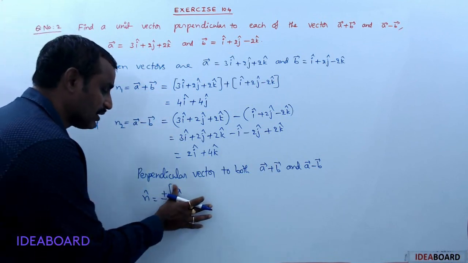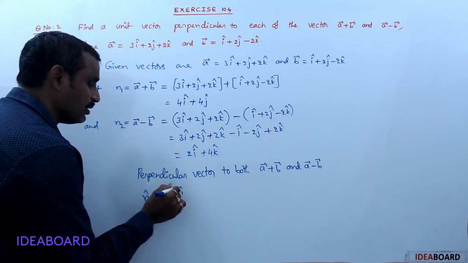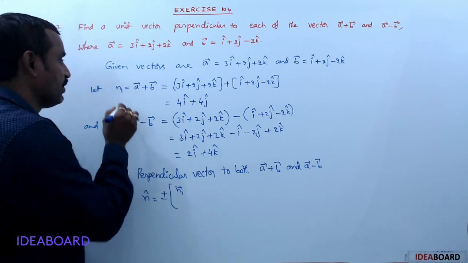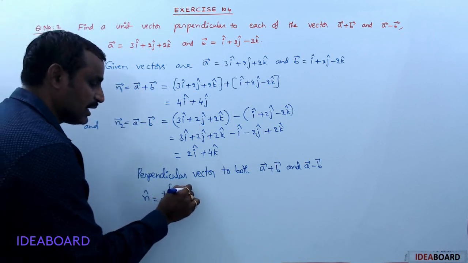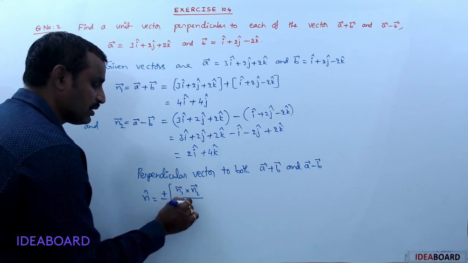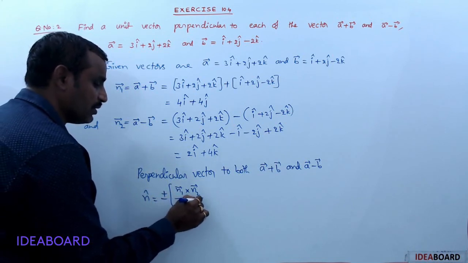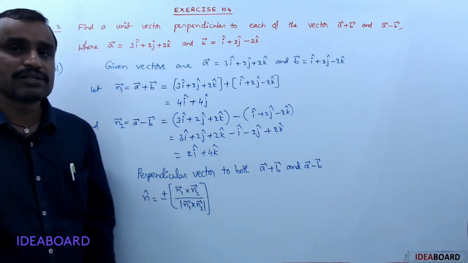So now here you can write the formula: n1 bar cross n2 bar divided by the magnitude of n1 bar cross n2 bar.